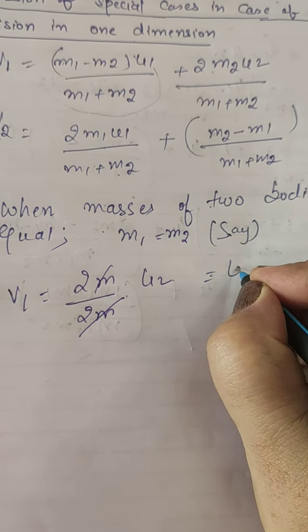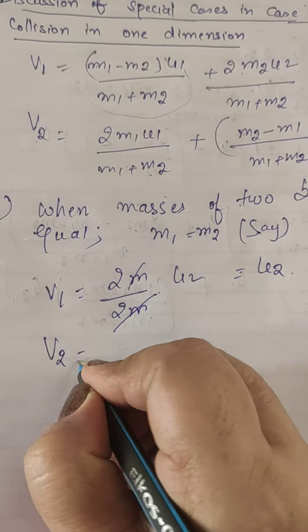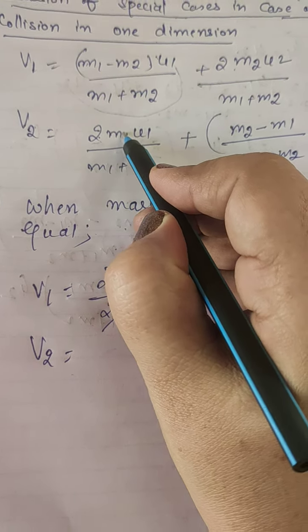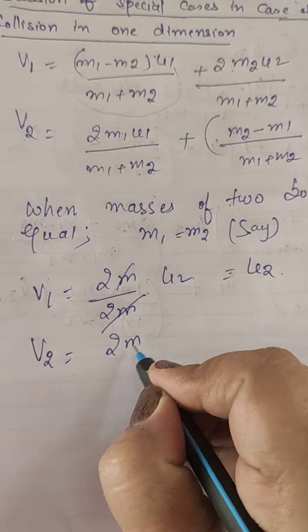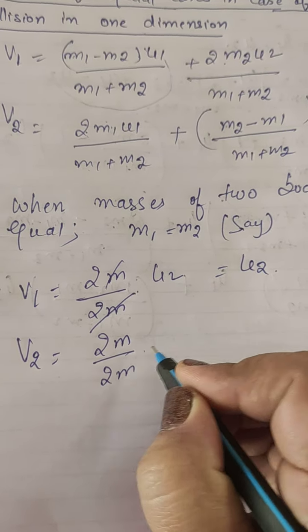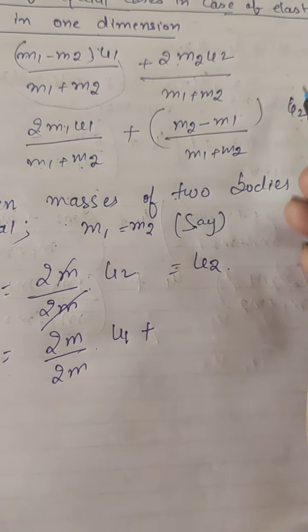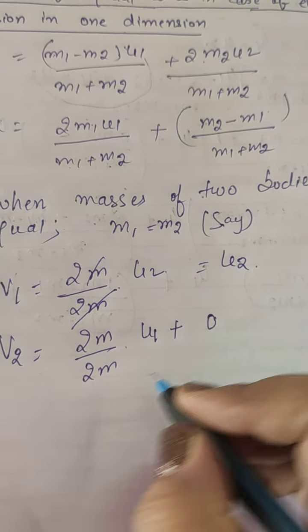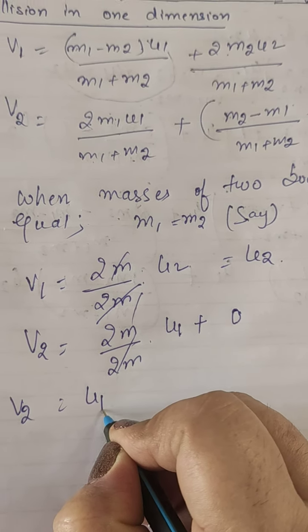So v1 is equal to u2. And v2 is equal to 2m upon (m plus m), this is 2m, so 2m divided by 2m into u1 plus this m minus m becomes 0, so that term is equal to 0. So we will get v2 is equal to u1.